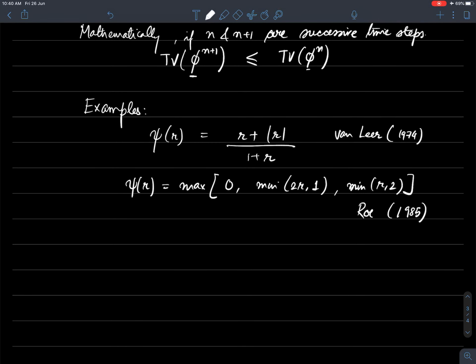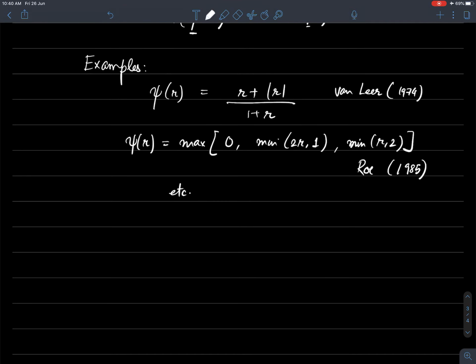Both are actually from the same department of aerospace engineering at the University of Michigan. And there are many more versions. I'm just not bringing them because that's not the purpose of me covering this topic.